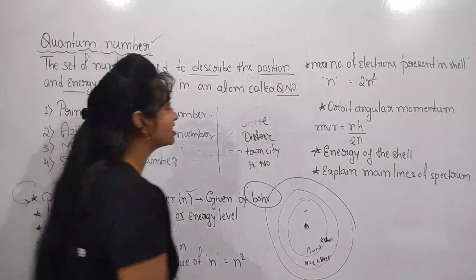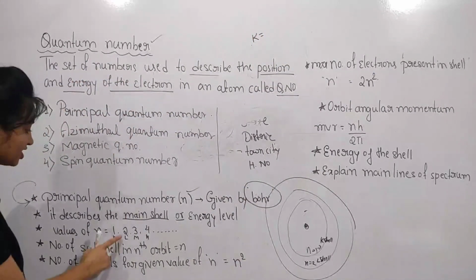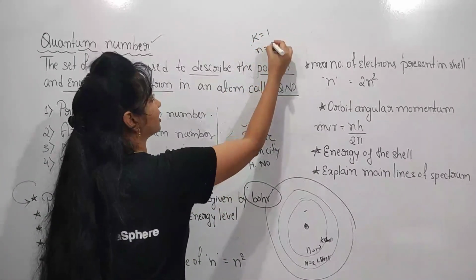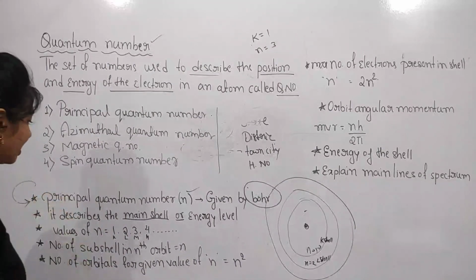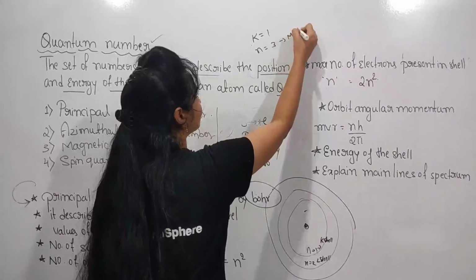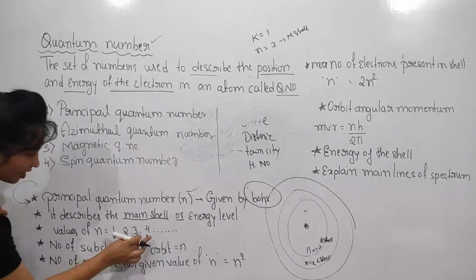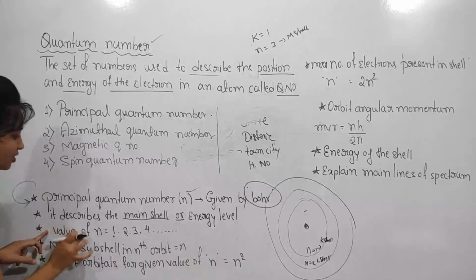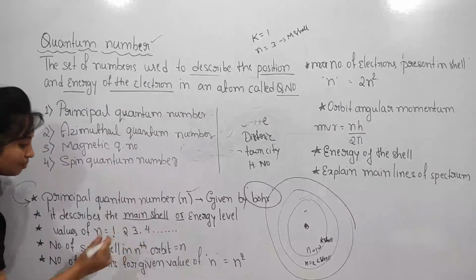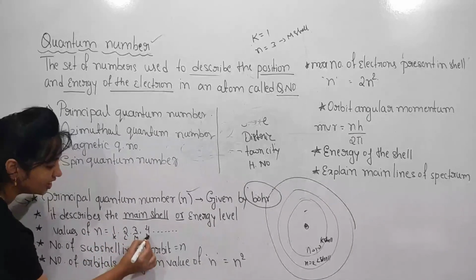So if I ask the value of K shell, that is 1. If n is equal to 3, then the shell name is M shell. So once again I wish to repeat here. Values of n are 1, 2, 3, 4, and these shells are represented by the names K shell, L shell, M shell and N shell.